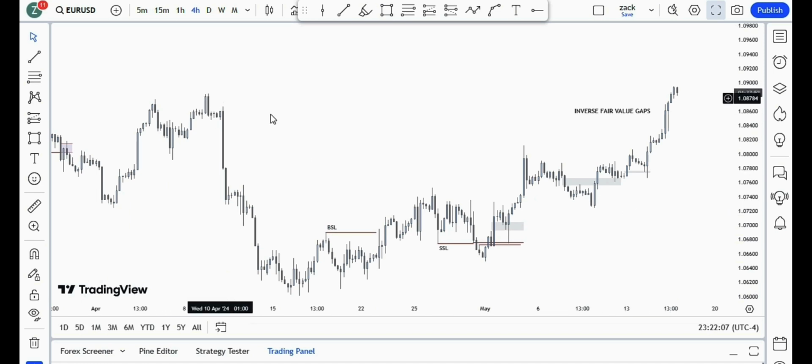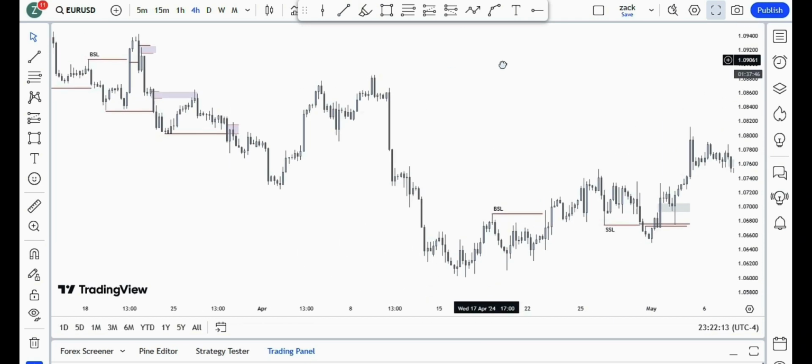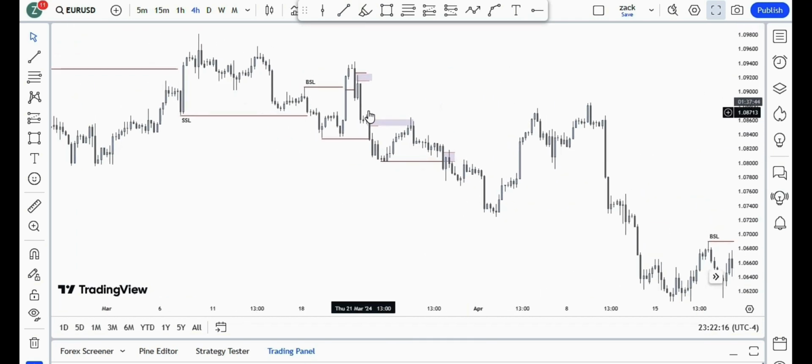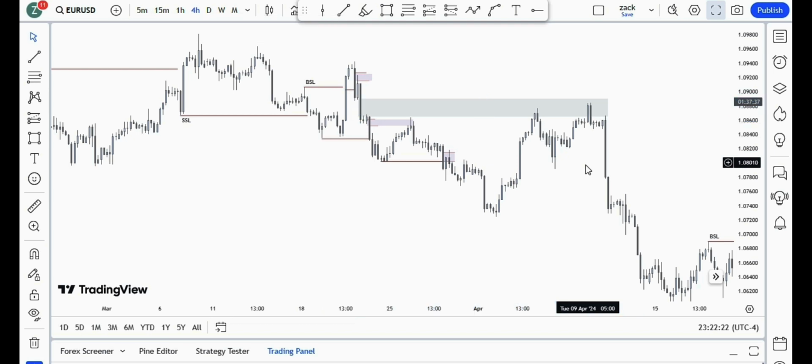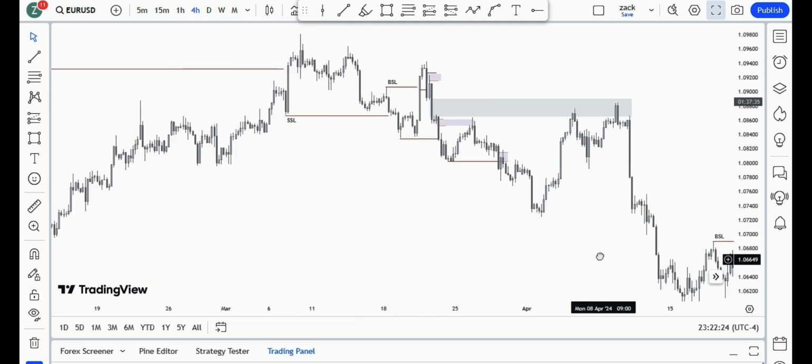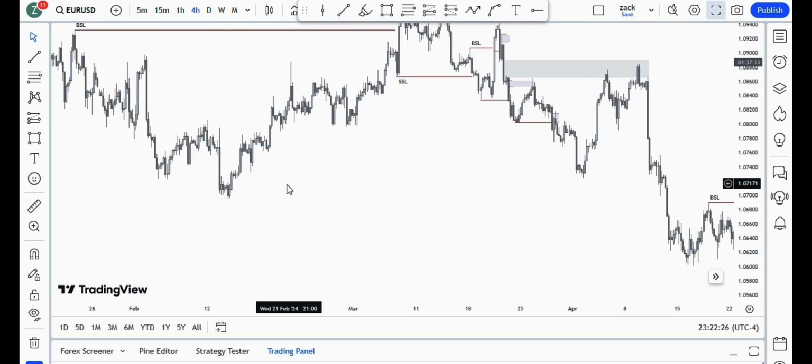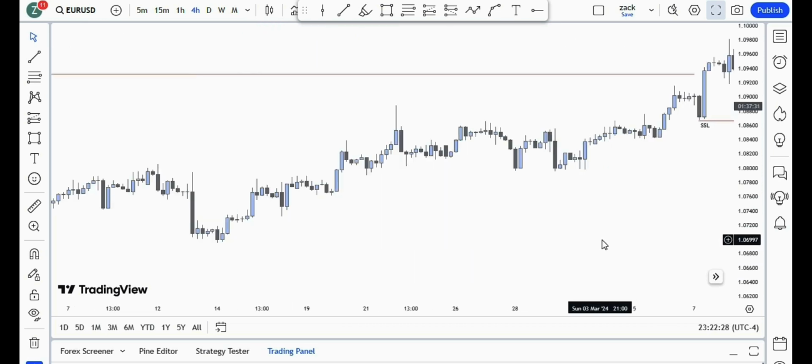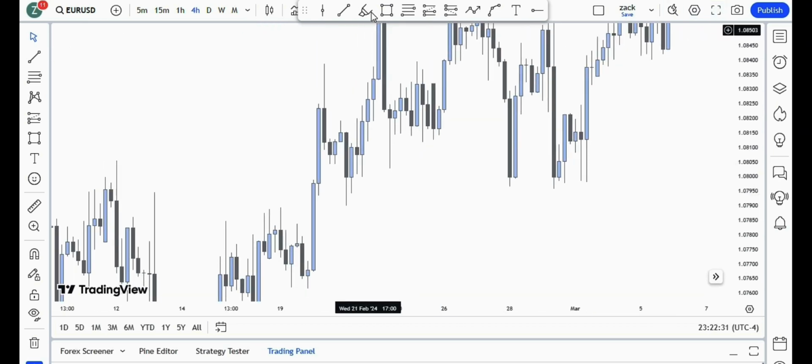Once price has gotten to where it wants to get to, if you start seeing bearish fair value gaps like this, you can see price reacted. So that's that about fair value gaps, and now you can use them to make money.